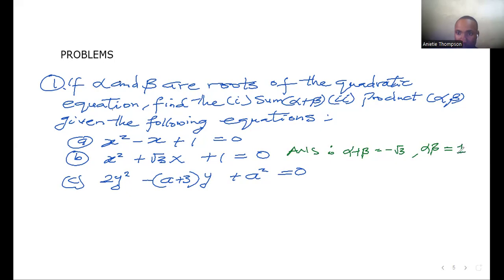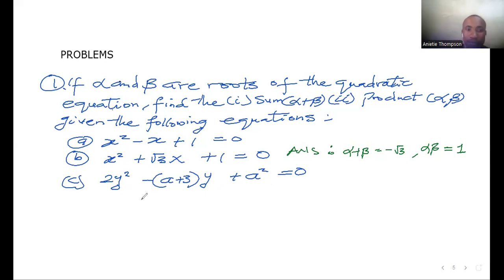If you are doing the right thing, the sum of the roots will give you minus square root of 3, and the product of the roots should give you a positive 1. I will not solve that one. I'll leave it for you to go and try yourself. Also, for this one, I would like us to deal with it personally.